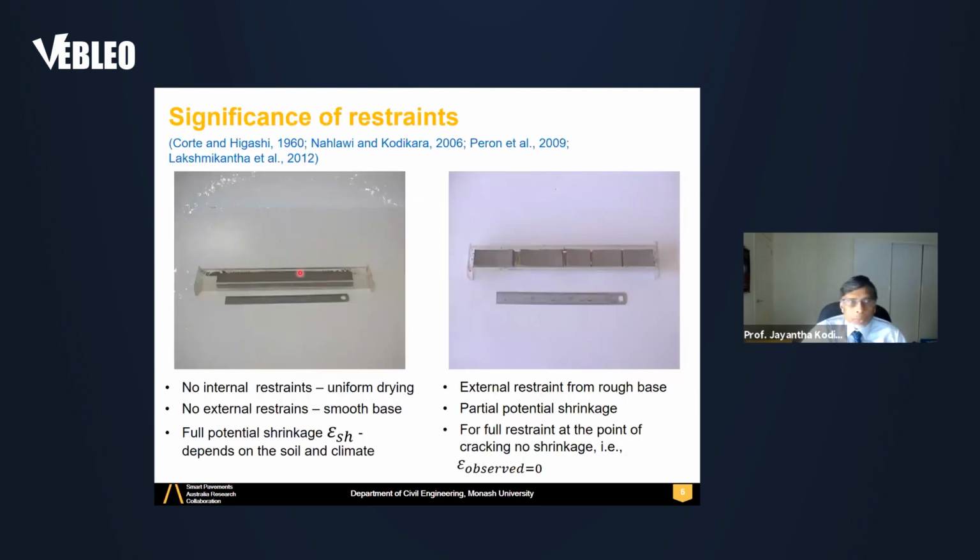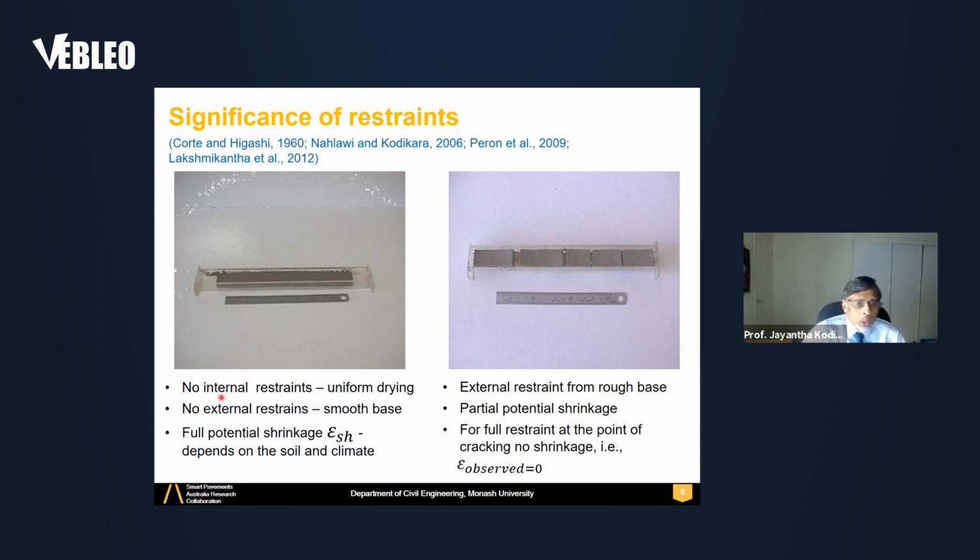So, the significance of constraints or restraints. On the left-hand side, you see a plastic container filled with wet clay soil. The container sides and the base have been greased before placing the soil. Therefore, the soil has shrunk uniformly without any cracks.